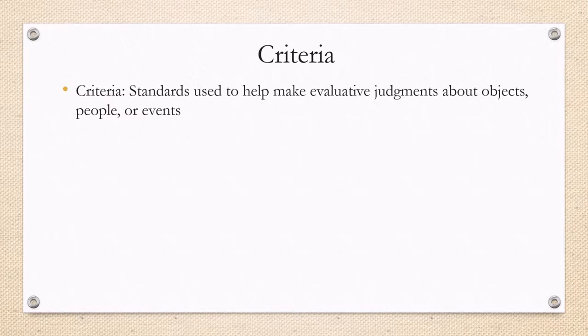Another may base it on the jobs it has provided, particularly in rural areas that don't have very many other employers. Still others may judge it strictly on the basis of a customer looking for the best value. So we have different judgment outcomes because people are using different criteria.